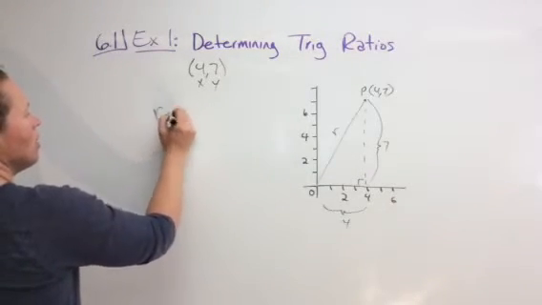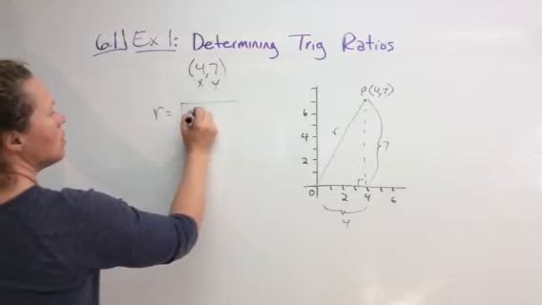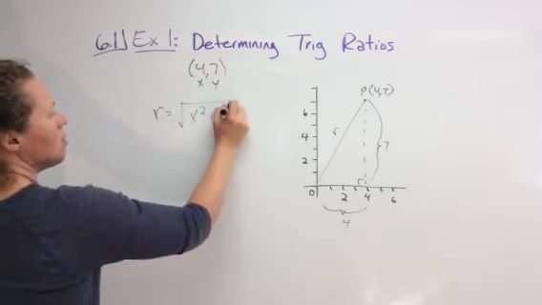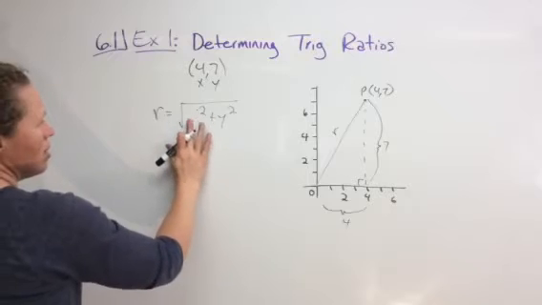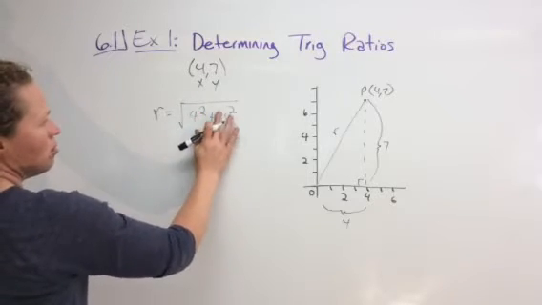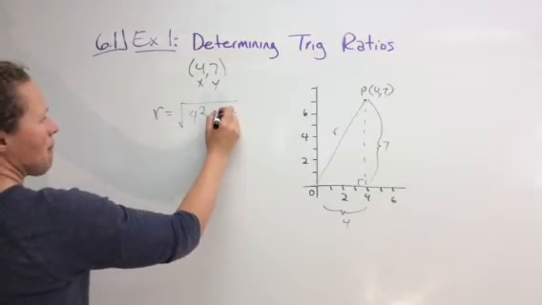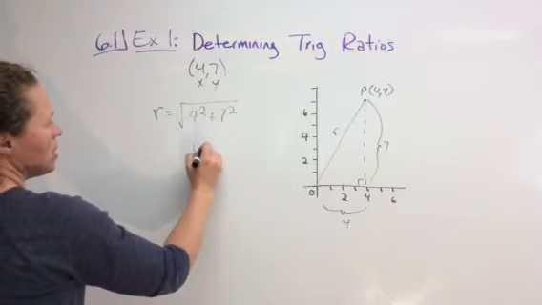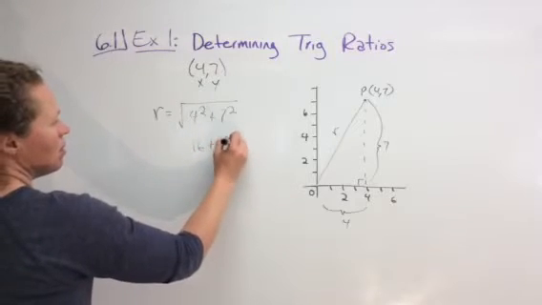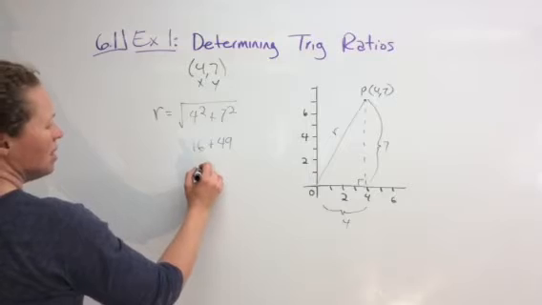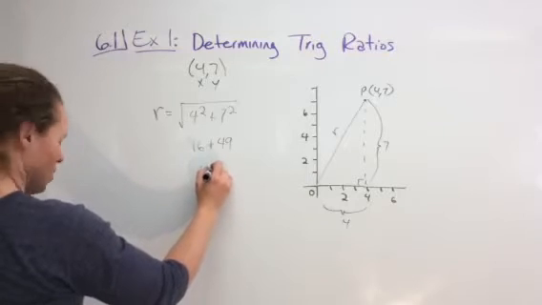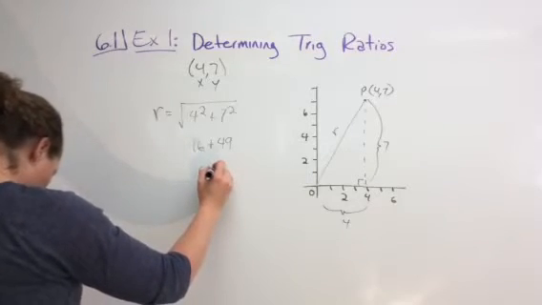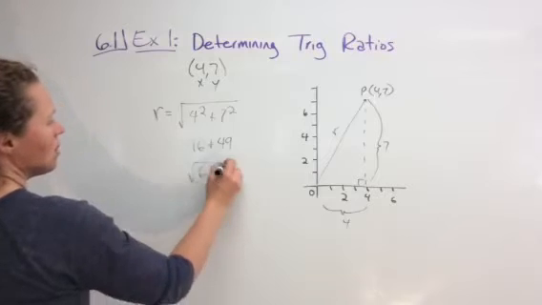If I want to find r, I have to take the square root of x squared plus y squared, which in this case is 4 squared plus 7 squared. So 4 squared is 16, 7 squared is 49. It's going to give me, what, 65? Yeah. The square root of 65.